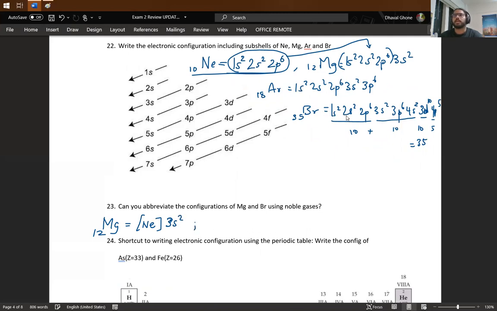For bromine, you can see argon's configuration fits perfectly until here. So you can replace that, and then you can write bromine 35 as argon, 4s2, 3d10, and I'm sorry, 4p5.